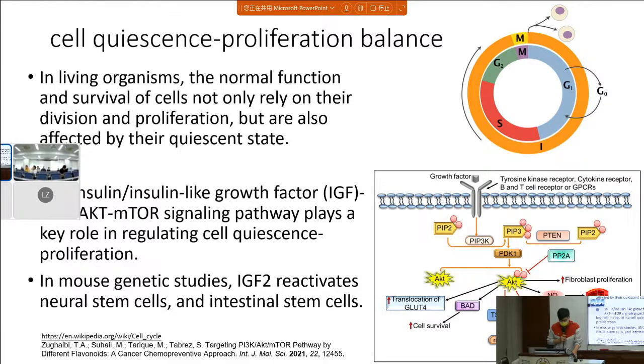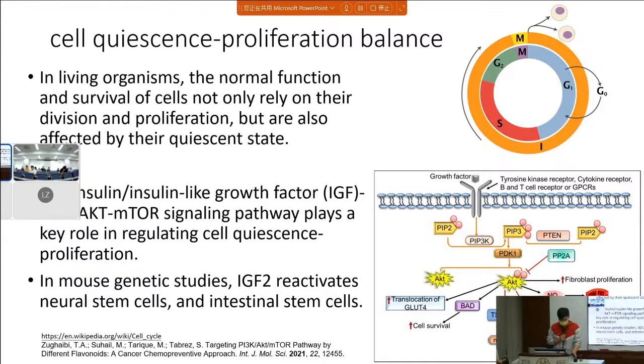In a recent study, it has been shown that the insulin, PI3 kinase (AKT) and mTOR signaling pathway play a key role in regulating quiescent cell proliferation.